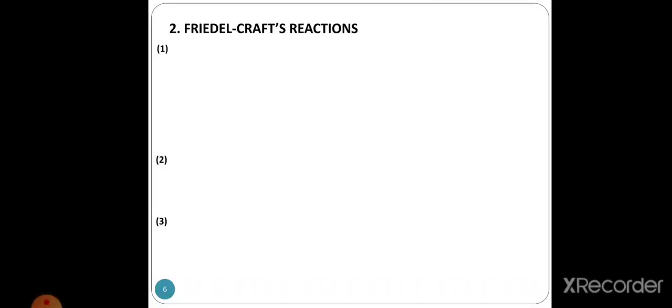Next method is Friedel-Crafts reaction method. There are 3 different ways by which anthracene can be obtained by Friedel-Crafts reaction.